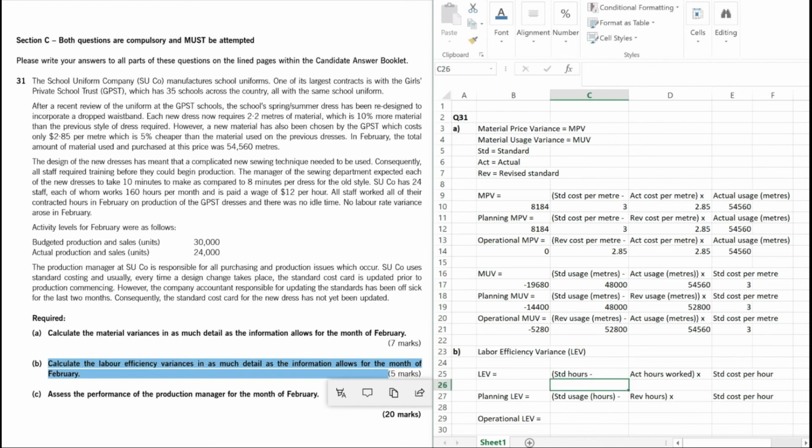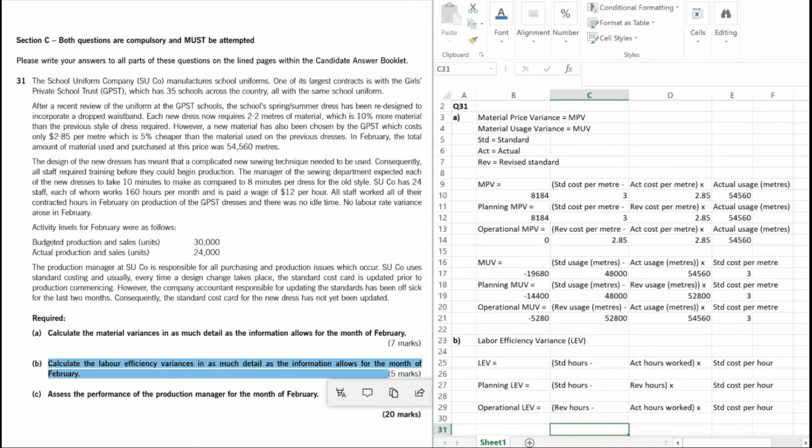That seems to work better. Okay, but again, at the end of the day, as long as the terminology is clear, you don't need to worry too much about what words you use, right? You just need to get your point across. Okay, and in the second one, we'll once again copy the original formula. Operational variance, we compare the actual to the revised hours. So this will become revised hours.